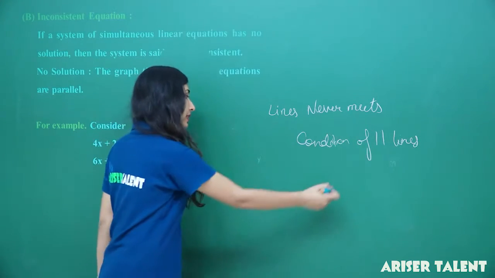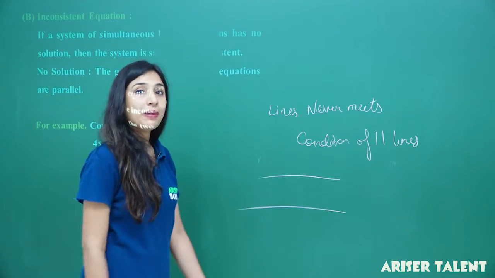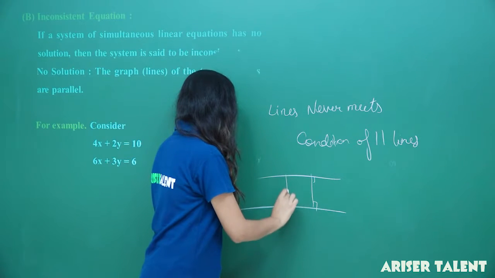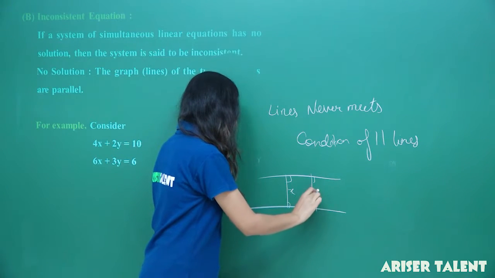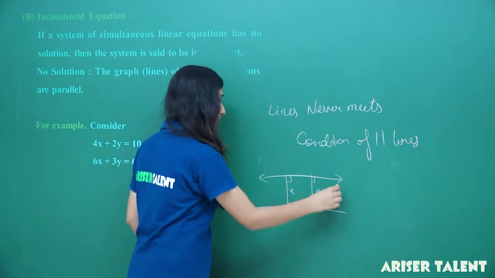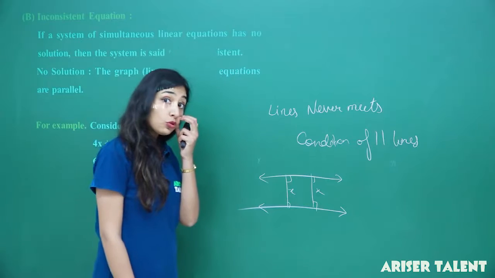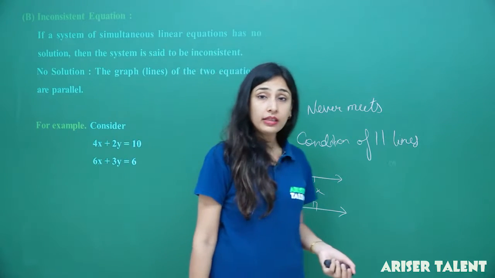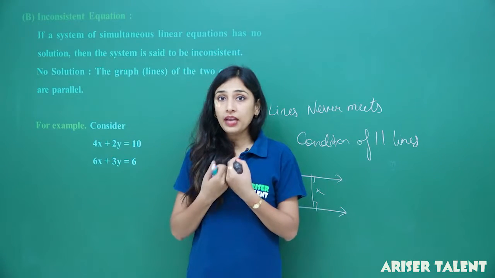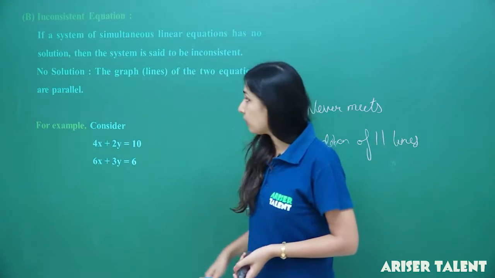Imagine these are parallel lines, the distance between them is always the same, so they will never meet. They will have no solution because they are not intersecting at all, there is no intersection point. So I will have no solution at all. This is simple. This is the third case, okay students.